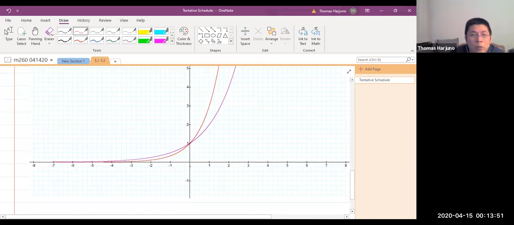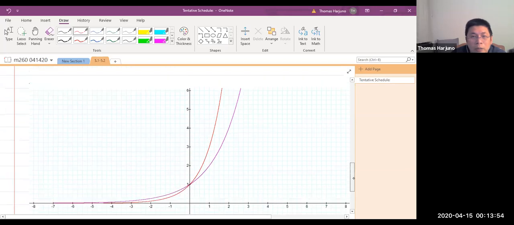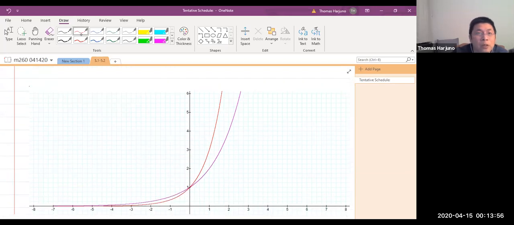The reason I want to show you that here is because of the following. I'm sorry, it's the other way around. This is y equals 3 to the x. This is y equals 2 to the x.